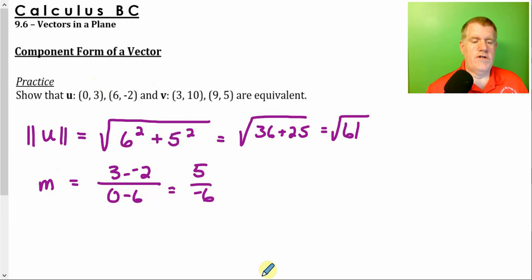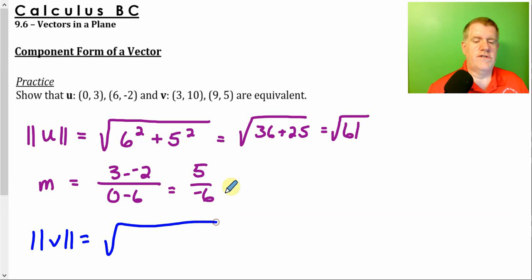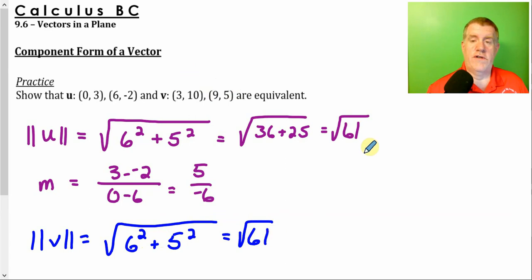All right, what about the magnitude of v? And you can kind of see what's going on here. The distance between 3 and 9 is 6. The distance between 10 and 5 is 5. There we go. Still the square root of 61. Those are the same.